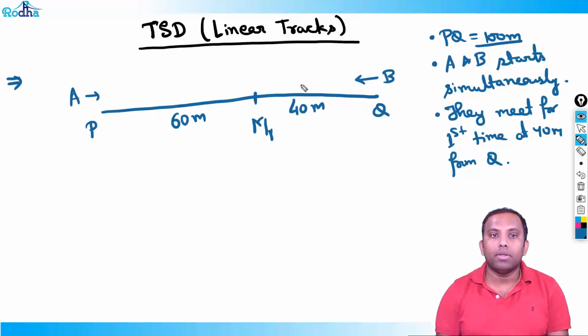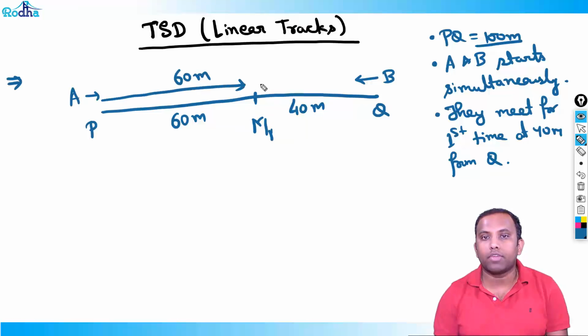So A has traveled 60 meters in the same time in which B has traveled 40 meters.